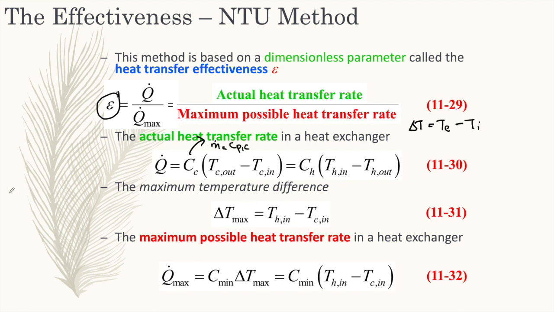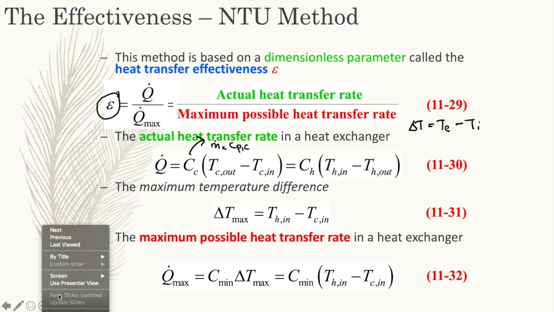Let's refer to a double pipe heat exchanger, for example. I will draw it, a very simple one. We have a double pipe heat exchanger where, in the middle of the larger pipe, we have a smaller pipe. So we have two different pipes here.